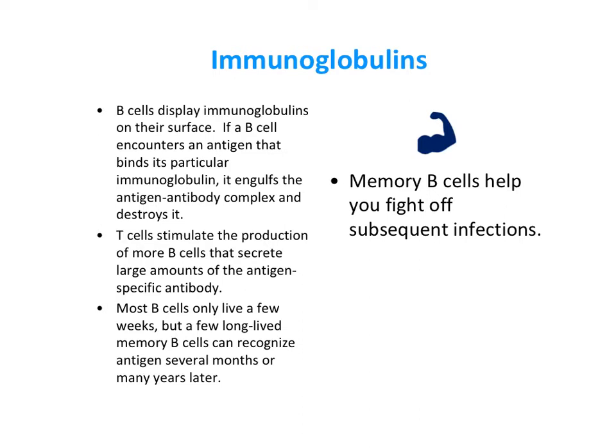Then T cells will stimulate the production of more B cells that secrete that particular type of antibody. Most B cells only live a few weeks. However, we do get some long-lived memory B cells that can recognize an antigen several months or many years later. And these memory B cells will help you to fight off later infections.